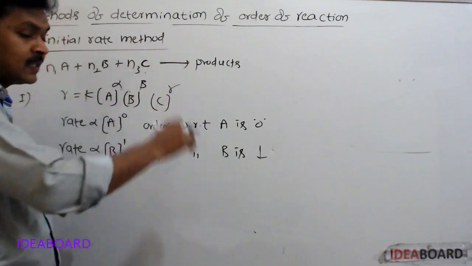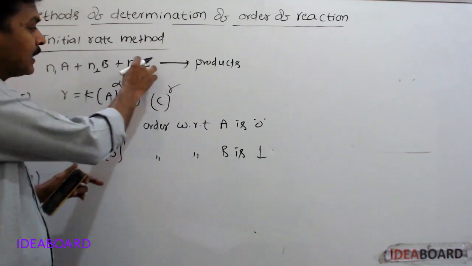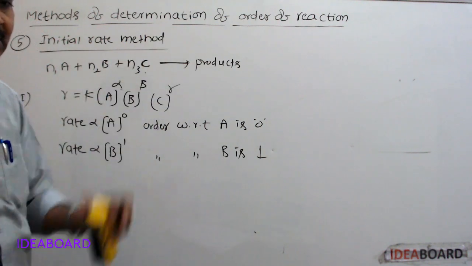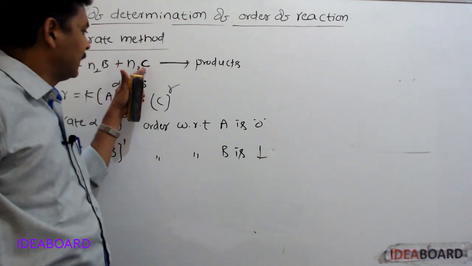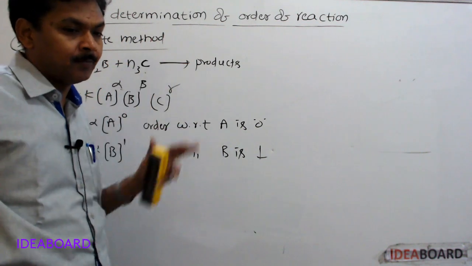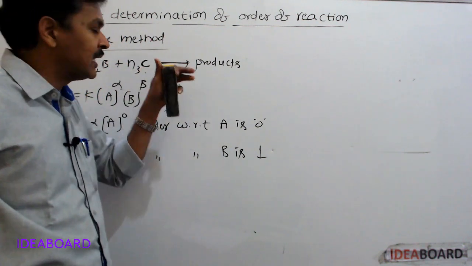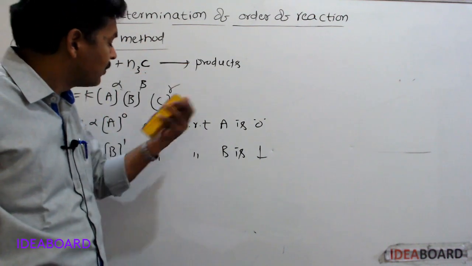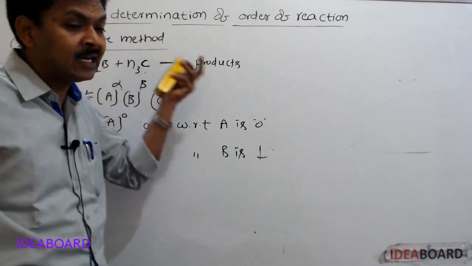Or if C concentration is tripled, rate of reaction increases by 9 times. If C concentration is doubled, rate increases by 4 times. If C concentration is tripled, rate increases by 9 times.